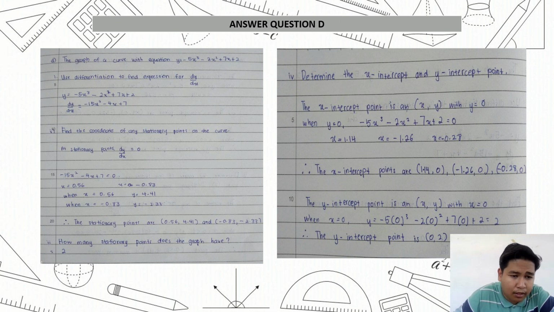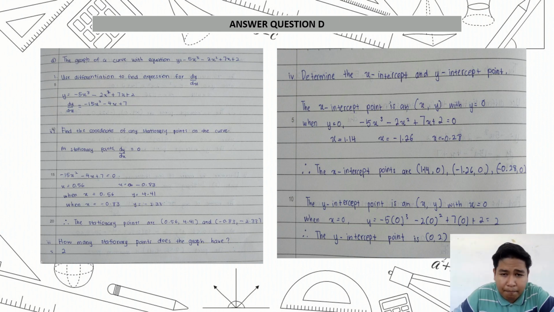Question 3. How many stationary points does the graph have? So the stationary points we get is 2. Okay. So question 4. Determine the x-intercept and y-intercept points.